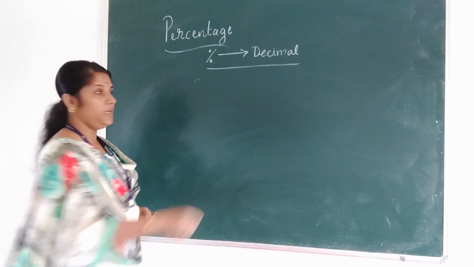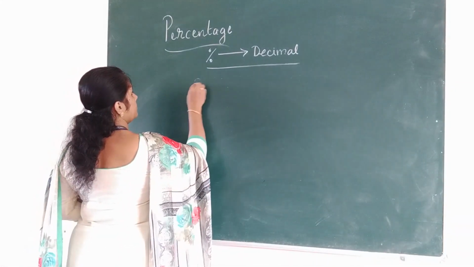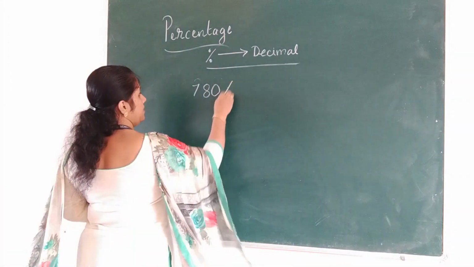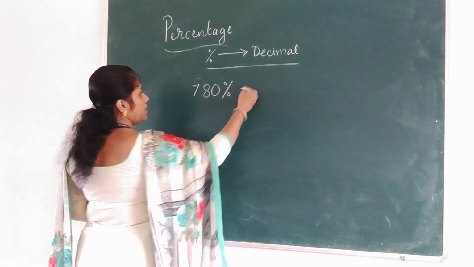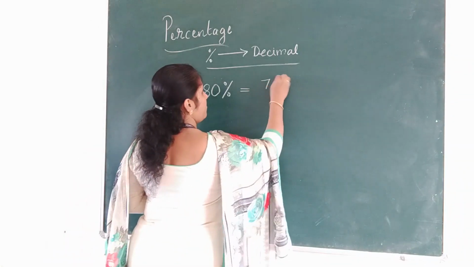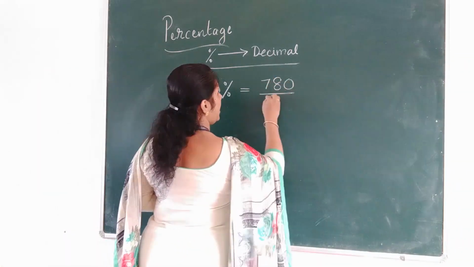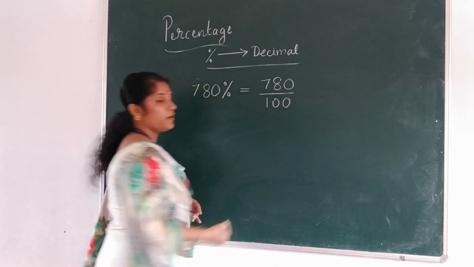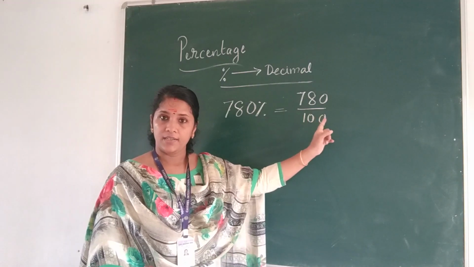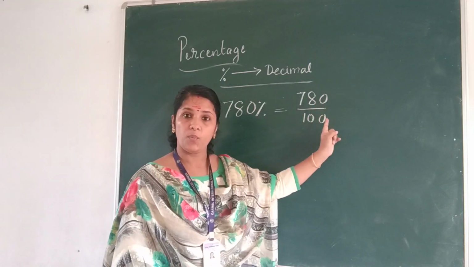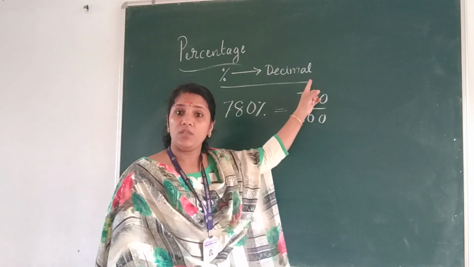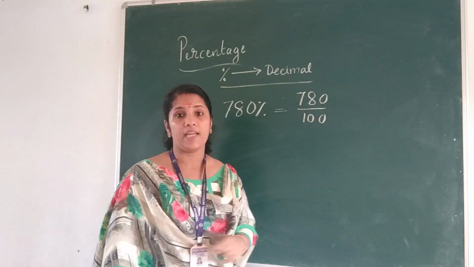One more example. 780%. Going to convert into decimal. So 780 by 100. Here we can cancel 0, which means we are actually dividing by 10 both in the numerator and the denominator.